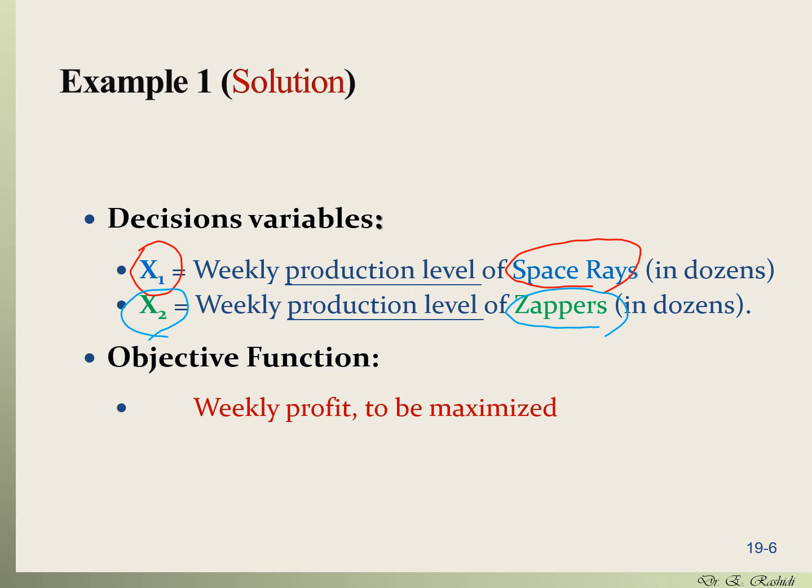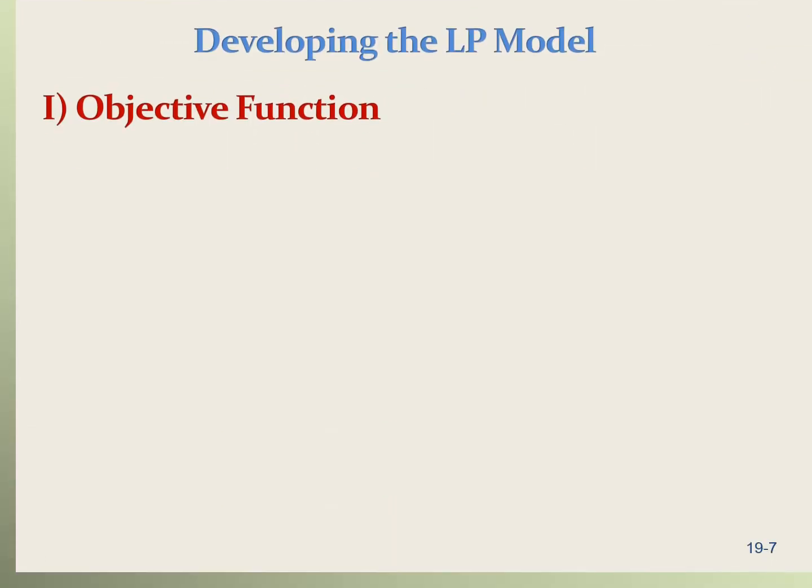So we need to write the objective function for this linear programming problem. The goal is to maximize profit, so we're going to write a maximization problem.